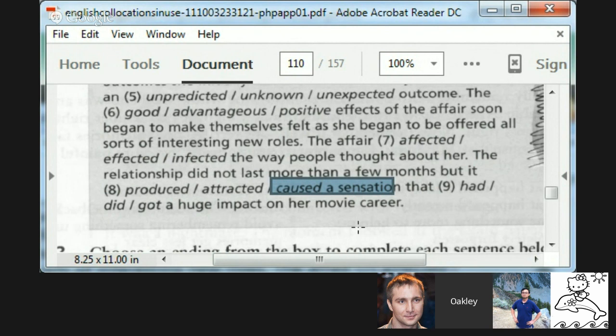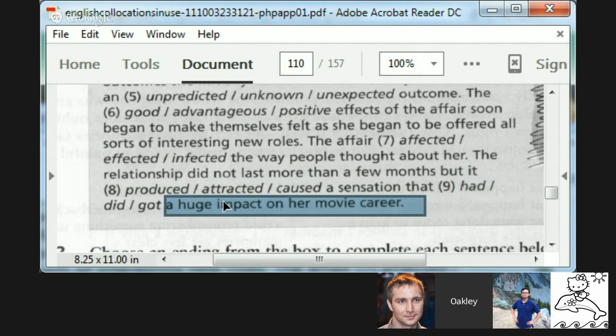We just don't use these others. This is very much a kind of set phrase, colloquial expression. Cause a sensation. That had a huge impact on her movie career. I say got? Yeah, you did. So it needs to be had.